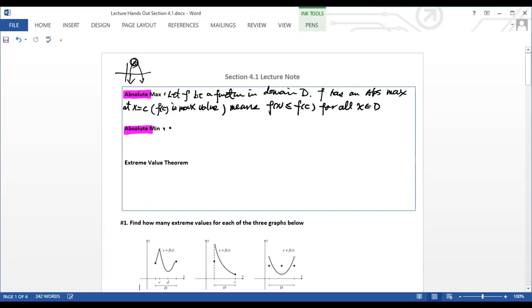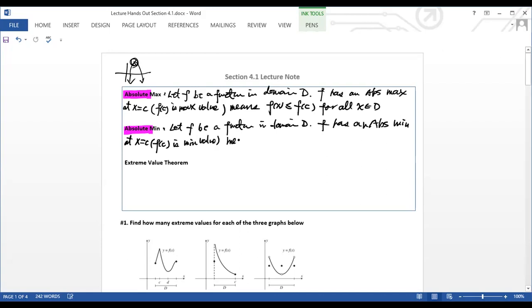Okay, so now let's take a look at absolute min. This is the same thing. Let f be a function in the domain D. Then we say f has an absolute min at x equal to c. That means f of c is the minimum value, right?